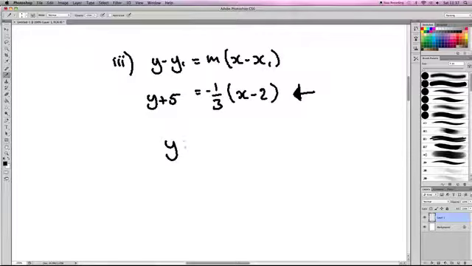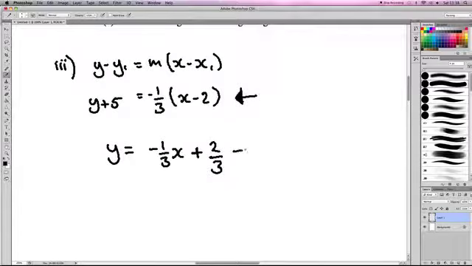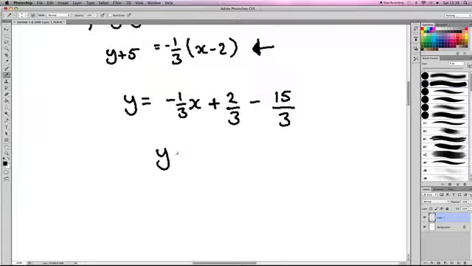So I've got y is equal to minus a third x minus 2 over 3. Oh, sorry, double negative. So minus minus, that's actually plus. And if I move the 5 over, it's minus 5. But if I want to put over 3 as well, I need to make that 15. So 5 times 3 gives me 15. So my answer, if I were to expand it out, would be minus 13 here.